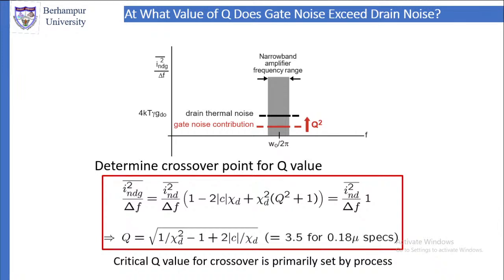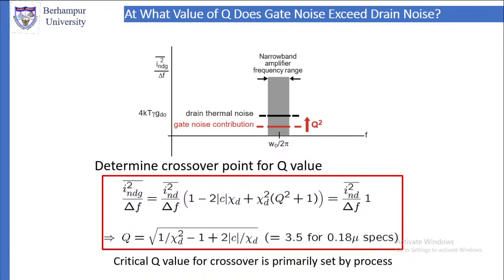So to determine the crossover point for the Q value, first take the variance of the drain current by delta F, for which we have found the expression: the variance of the drain current by delta F times 1 minus 2 absolute of C xi d plus xi d square times Q square plus 1. That will be equal to the variance of the drain current divided by delta F times 1.